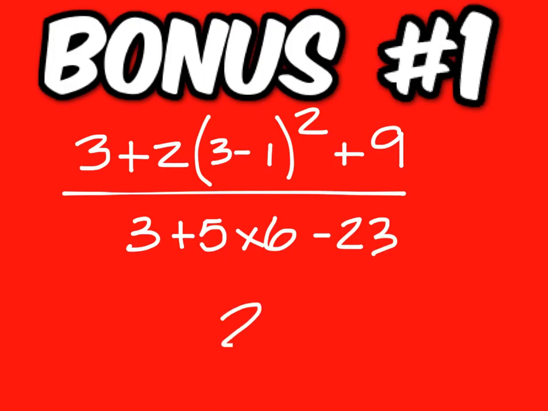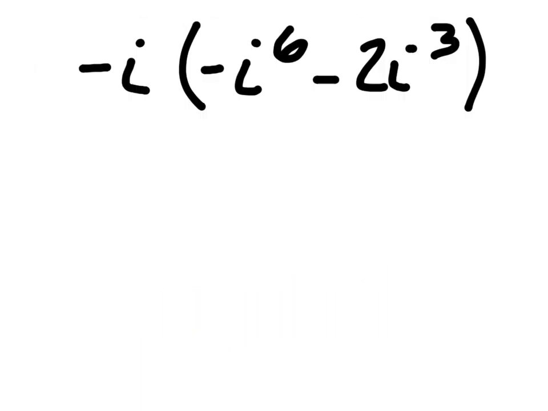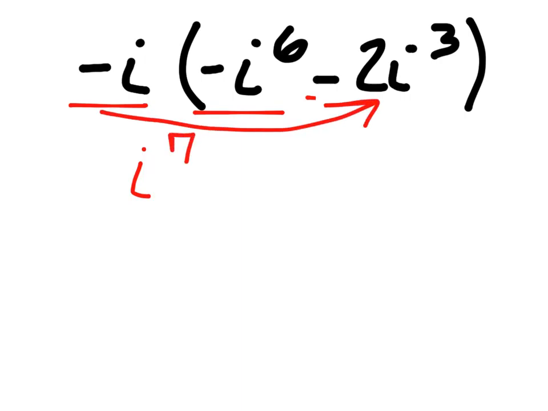The answer to the bonus should have been 2. Start with negative i times negative i to the 6th, and that'll come out to be positive i to the 7th. And then this times this is going to be plus 2i to the 4th.